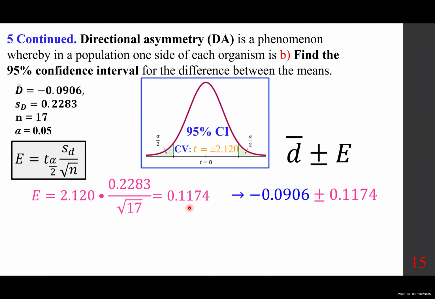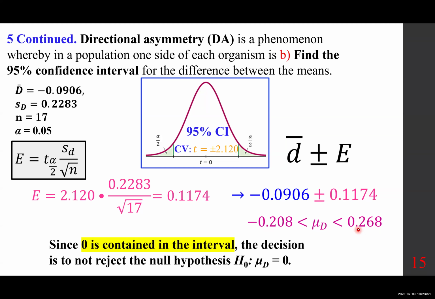That's one way to report it. And the second one is to subtract from it, add to it, and we get mu of D between negative 0.208 and positive 0.268. Notice negative to positive contains 0. Since 0 is contained in the interval, the decision is to not reject the null hypothesis H0, mu sub D equals 0. This is very important to understand how confidence interval and test of hypothesis are related.